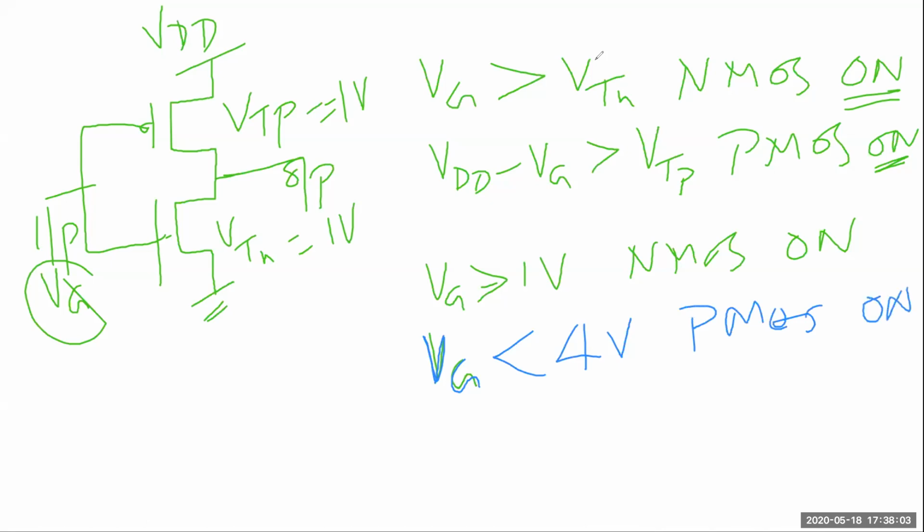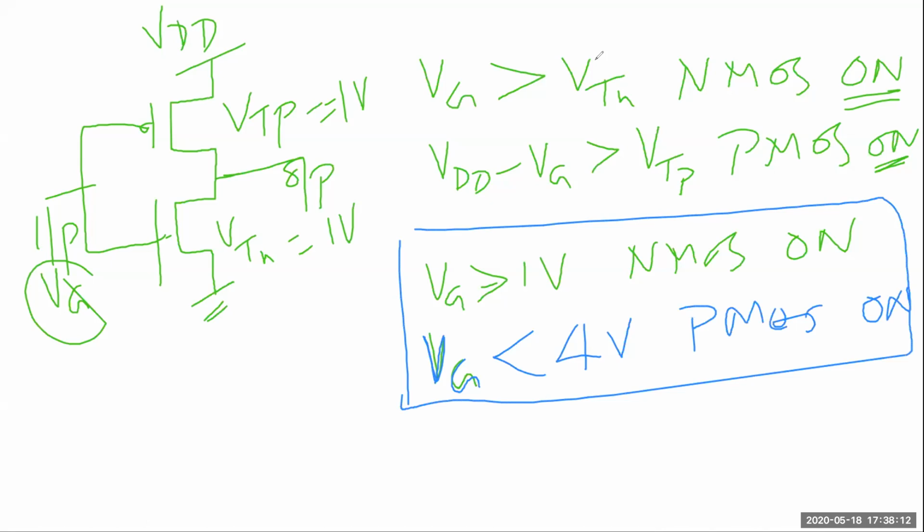So what is happening right now? If I summarize this particular part, you can see that on a scale of 0 to 5 volt, after 1 volt your NMOS is on.